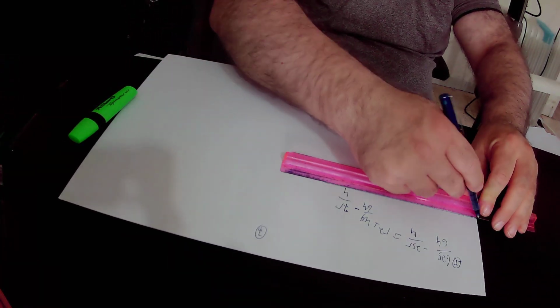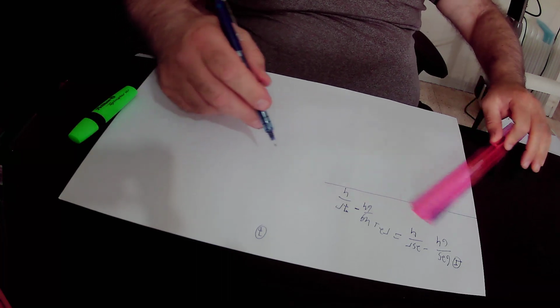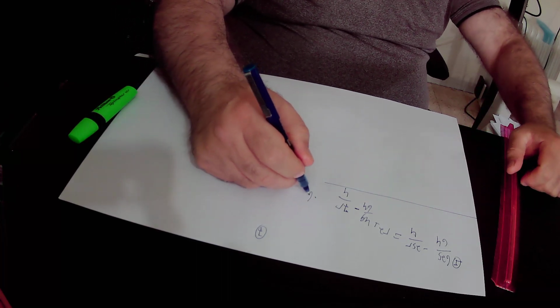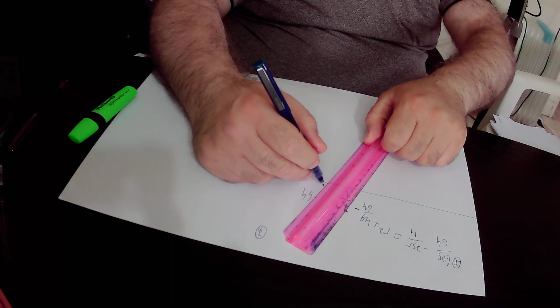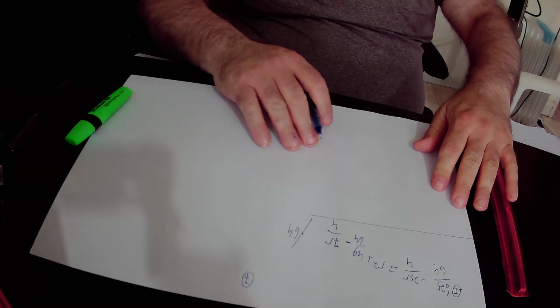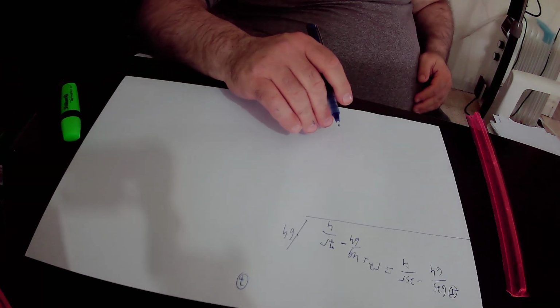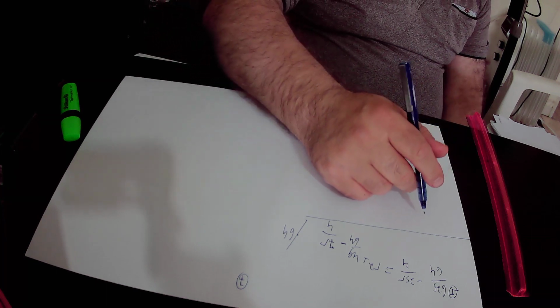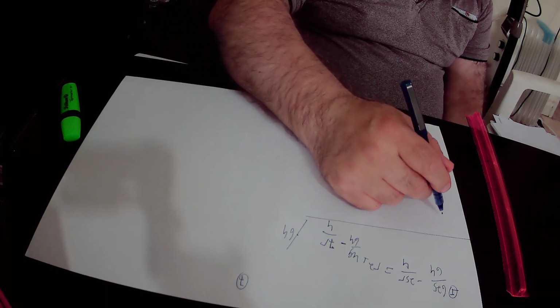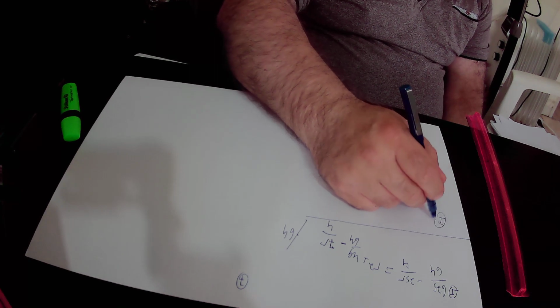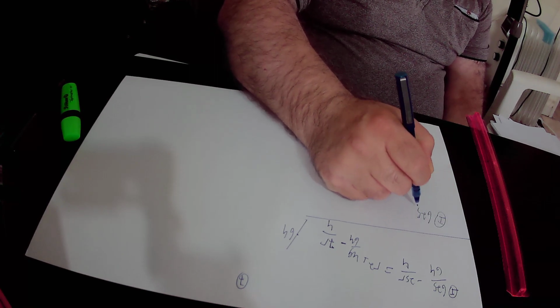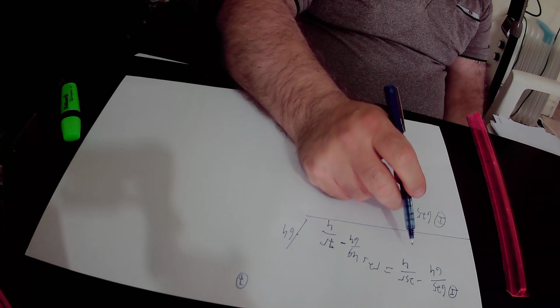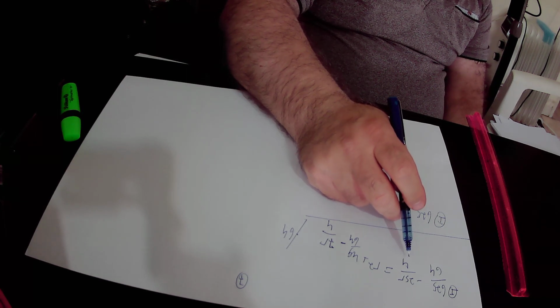So here we multiply this equation number 1 by 64, and we'll get that according to equation number 1, 625 times 64 over 64 is 625, and here we have minus 25r over 4.